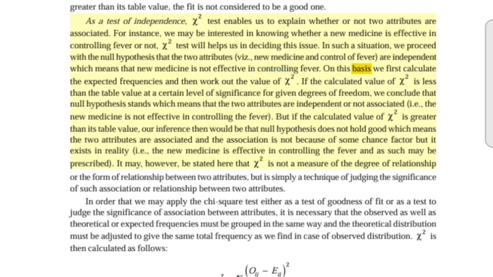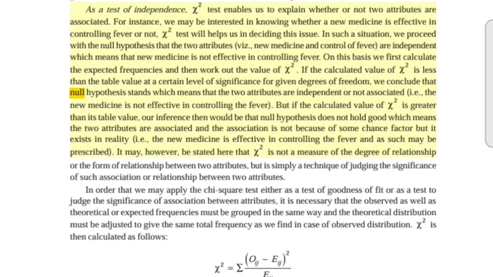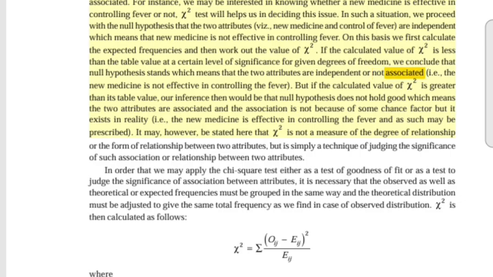On this basis we first calculate the expected frequencies and then work out the value of chi-square. If the calculated value of chi-square is less than the table value at a certain level of significance for given degrees of freedom, we conclude that the null hypothesis stands, which means that the two attributes are independent or not associated, i.e., the new medicine is not effective in controlling the fever.